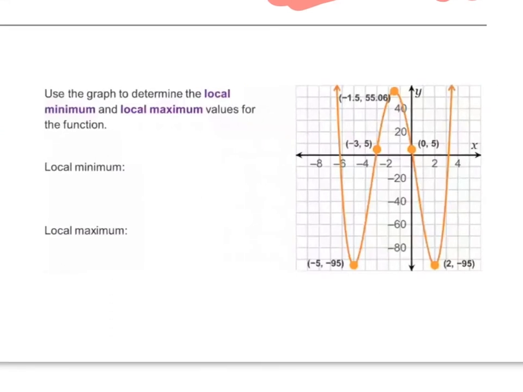All right, let's take a look at the next one. And it says, use the graph to determine the local minimum and local maximum values for the function. Okay, so what I want to do is talk about the increasing and decreasing.